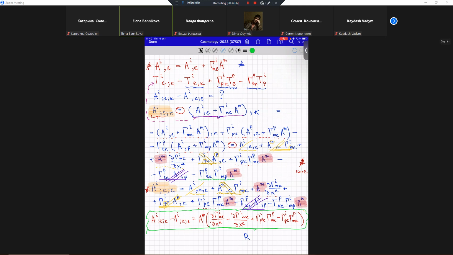This one, and this one. And they are also the same. We just forgot to kill them, because you can immediately see that they are the same. Agree? Agree.